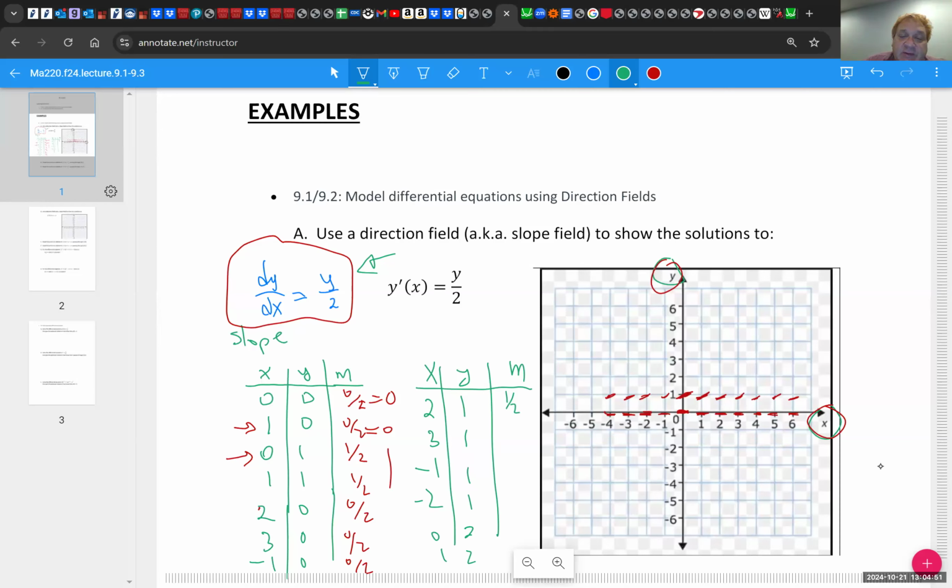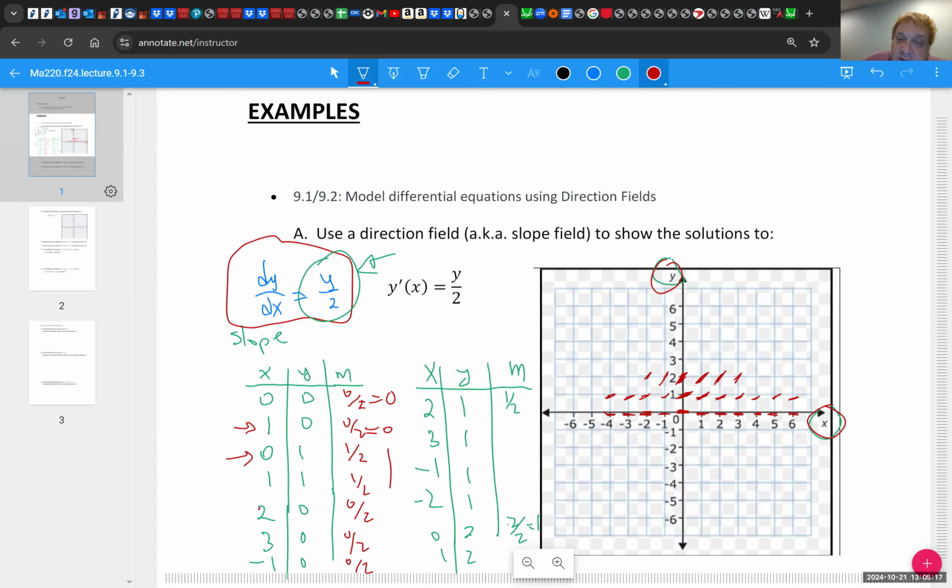But as long as y is 2, the slope is y divided by 2. So 2 divided by 2, well, that's just 1. So when y is 2, whether it's 0, 2 or 1, 2 or 5, 2, we're going to have a slope of 1, which as we know is a 45-degree angle. So we get 0 comma 2 is a 45-degree angle, 45-degree angle, like that.